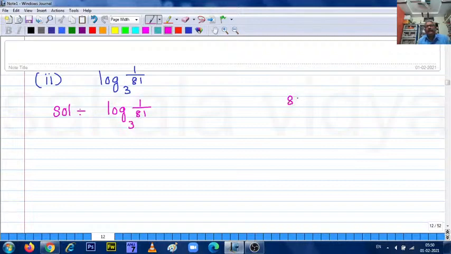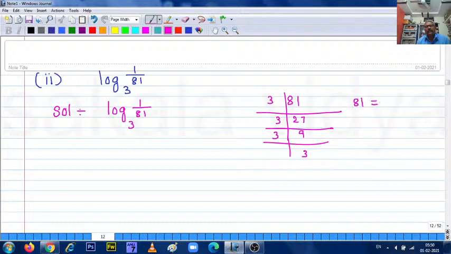First 81, prime factors of 81. 3 27 times, 3 9 times, 3 3 times. So 81 we can write as 3 raised to 4. But we have there 1 upon 81. 1 upon 81 means 1 upon 3 raised to 4. That equals 3 raised to negative 4.